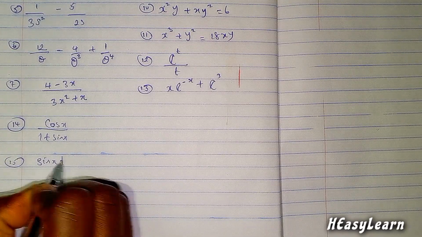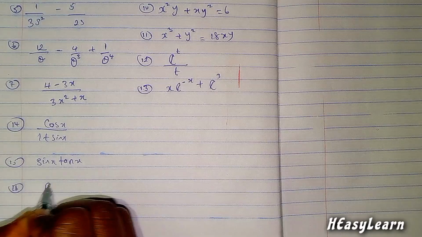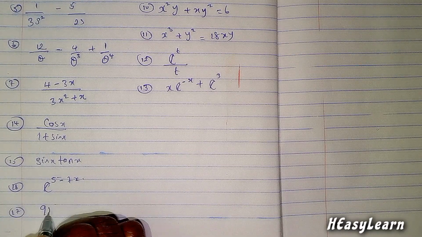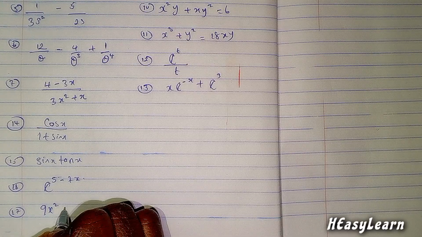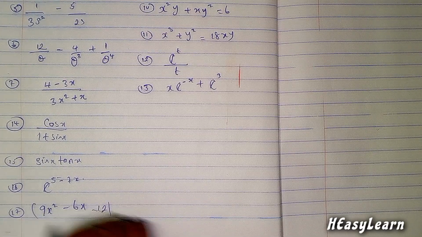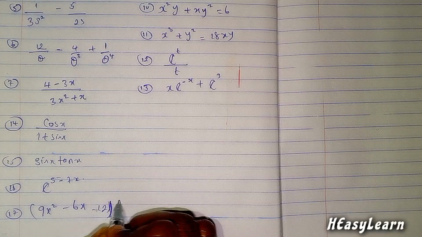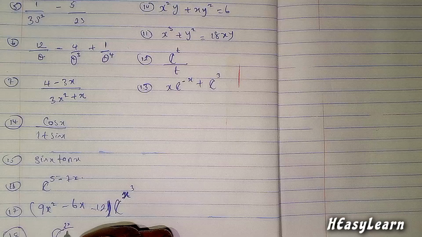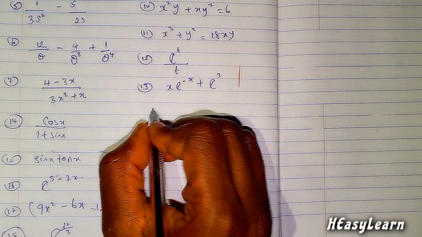Sin x tan x. Exponential 5 minus 7x. 9x squared minus 6x minus 12 multiplied by exponential 2x divided by 3.